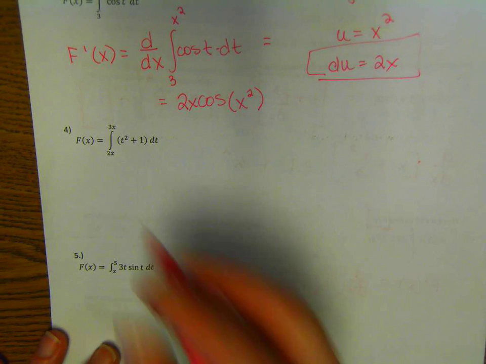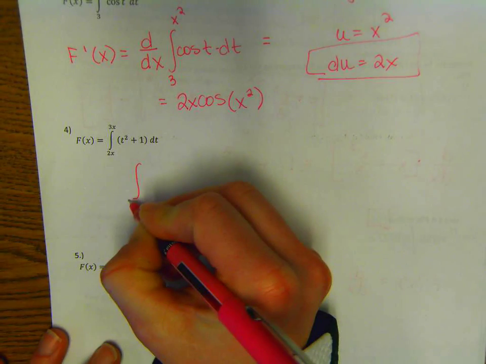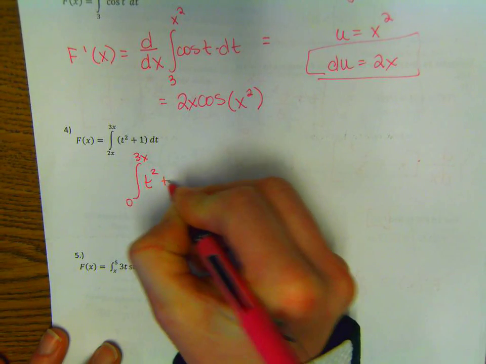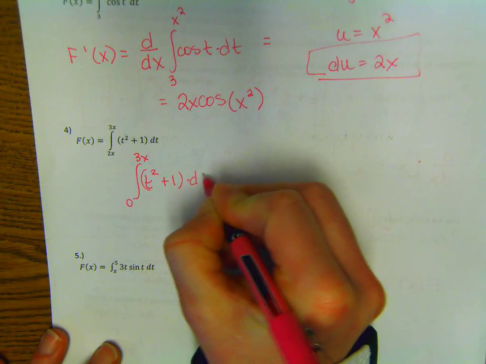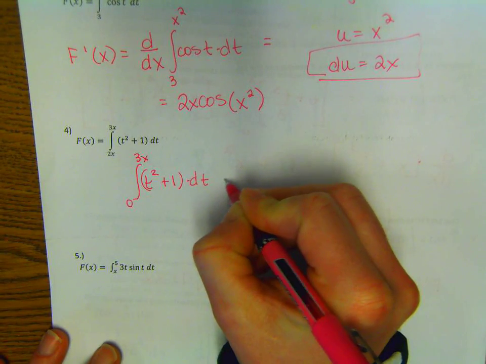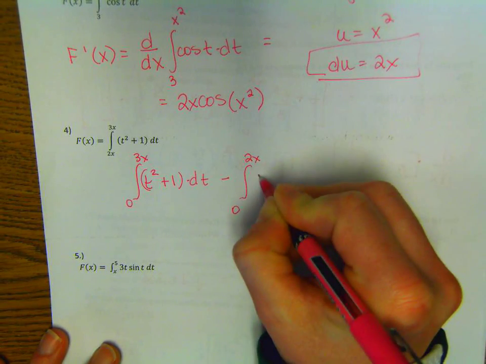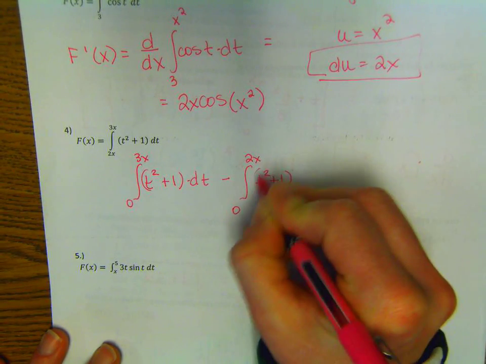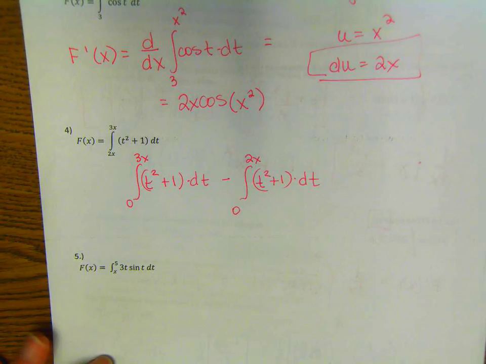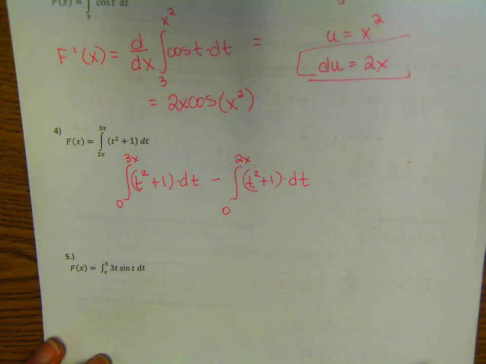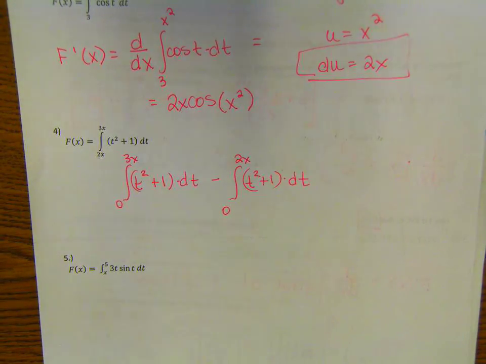Couldn't I write this as the integral from 0 to 3x of t squared plus 1 dt minus the integral from 0 to 2x of t squared plus 1 dt? Do you remember that from before? Okay. That's just using a property that we already know, and it allows us to use the rule.